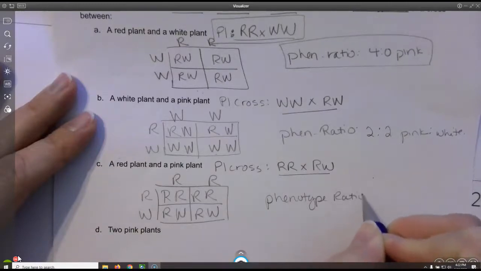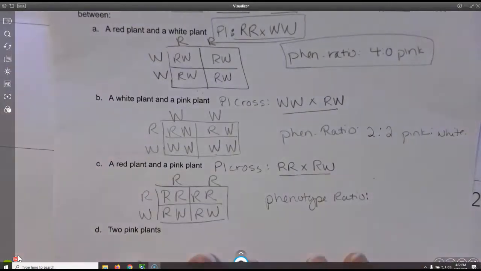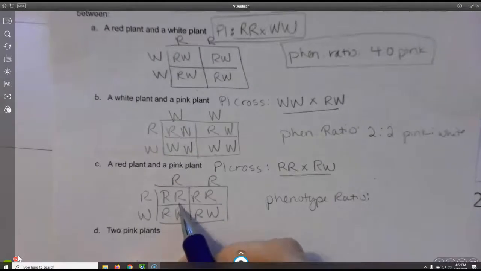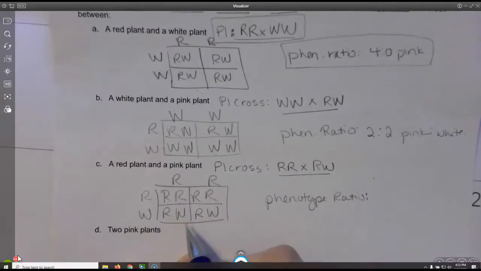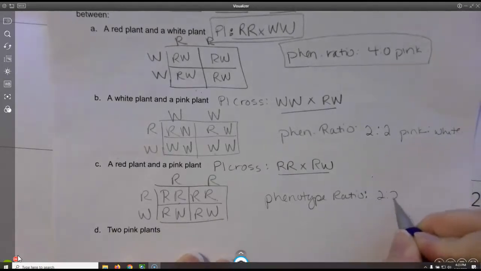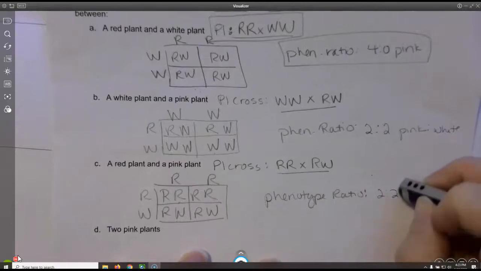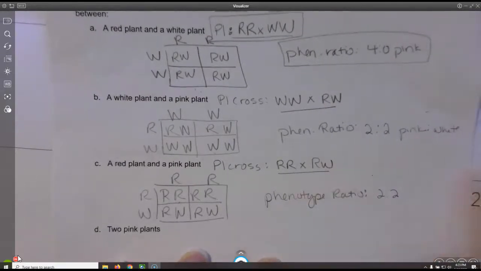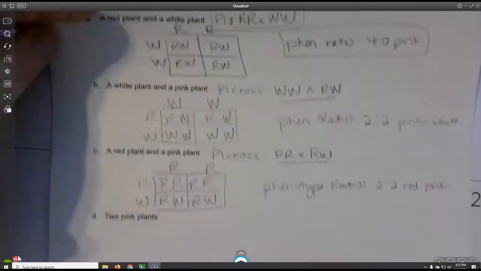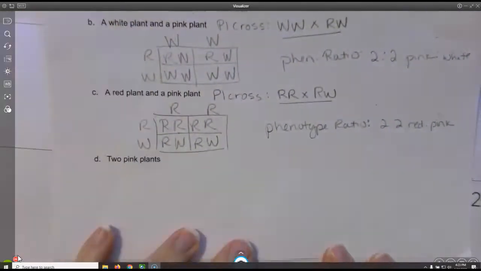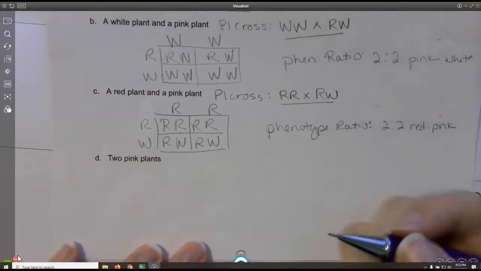We have our Punnett square completed and our ratio. This one's red, this one's red, and these have the mixture, so they're pink and pink. So we have 2 to 2 again, red to pink. Red is the first one listed, so we go red to pink. Hopefully that makes sense. It honestly doesn't matter for that one. You can do pink to red too.